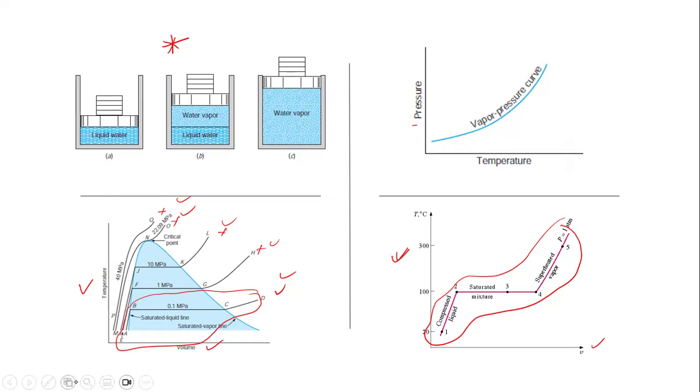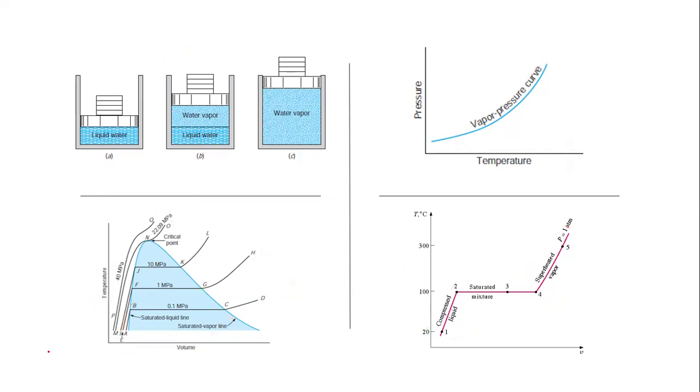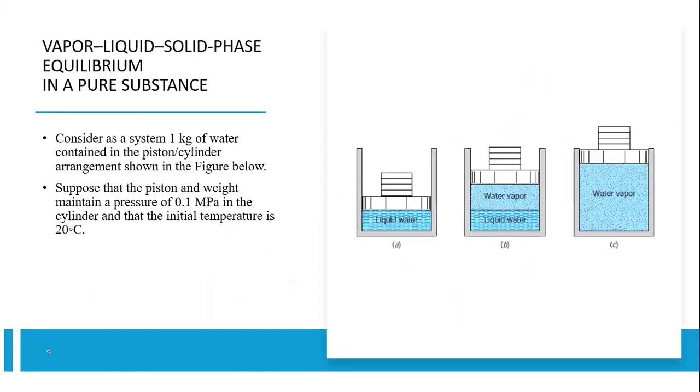So if you understand these diagrams, how they work, and the terminologies that are associated with these diagrams, let me tell you this, you understand everything, okay? So now let's see how to go about understanding these diagrams. In this case, remember, we're going to look at the vapor, liquid, solid phase equilibrium in a pure substance.